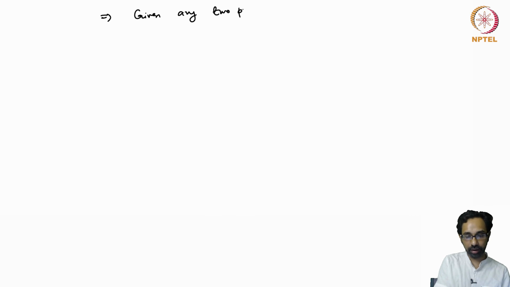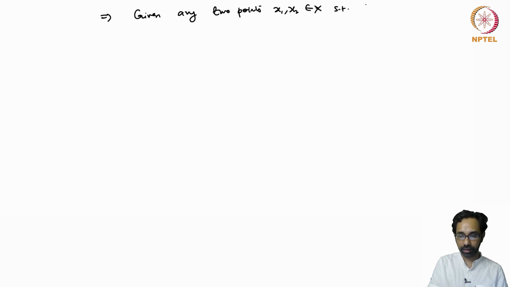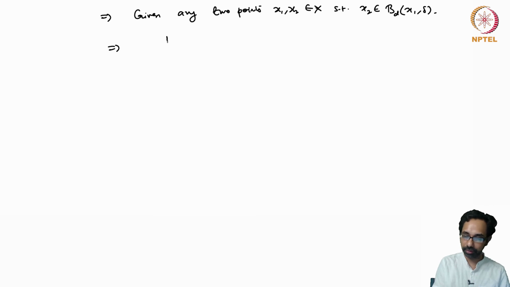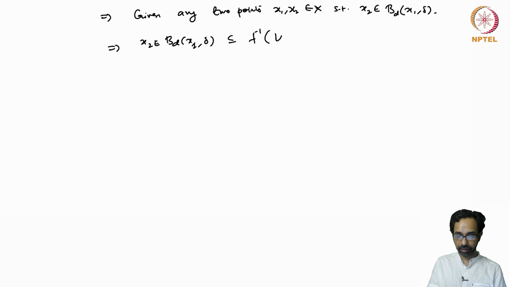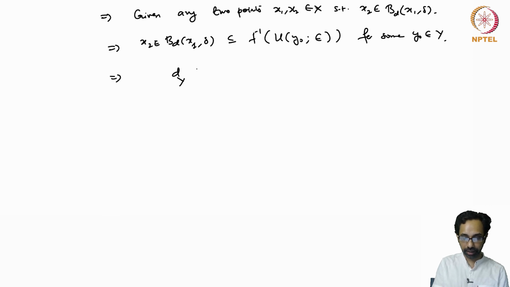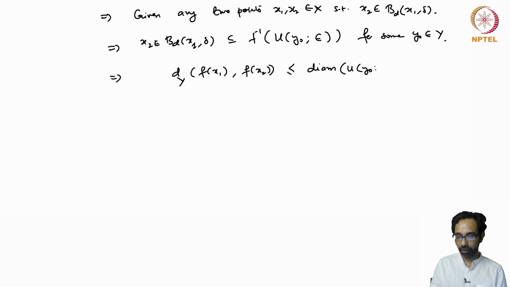This means that given any two points x1, x2 in X such that x2 belongs to B(x1, delta), then B(x1, delta), which contains x2, lies inside some inverse image of U(y0, epsilon) for some y0 in Y. However, this means that the distance in Y between f(x1) and f(x2) is less than or equal to the diameter of this set U(y0, epsilon), and the diameter is precisely epsilon.